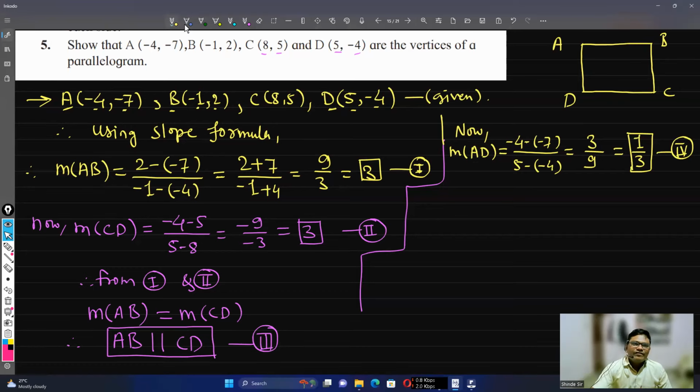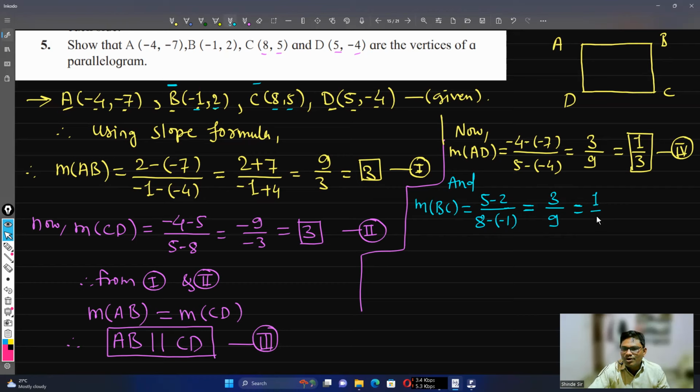In the same way, we will find the slope of BC, and slope of BC is equal to, now let's find where these points are, B and C. For the slope of BC, we will write 5 minus 2, that is y2 minus y1, 5 minus 2 upon 8 minus minus 1, and this fraction must be equal to positive 3 upon positive 9, which will be equal to 1 upon 3.